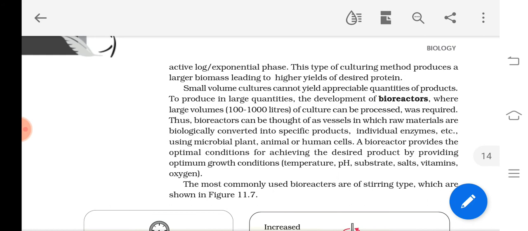Understood? So this is what bioreactors are: vessels in which raw materials will be given and the transformed cells also will be added. And as these cells grow, using these raw materials, they produce a number of products. Recombinant proteins will be produced.